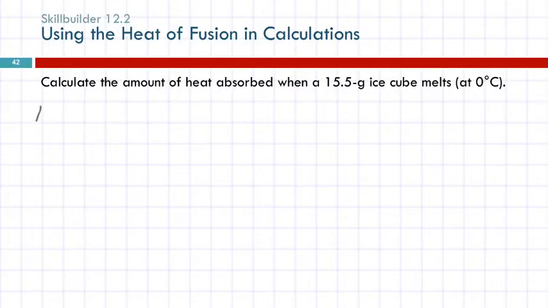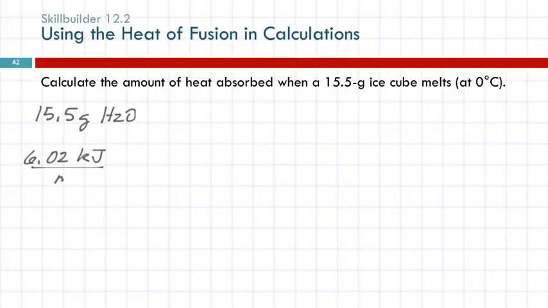So we've got a 15.5 gram piece of ice. It's water. And on the previous slide, we learned that the heat of fusion for water is 6.02 kilojoules per mole.